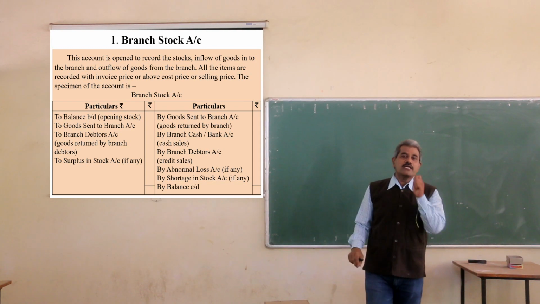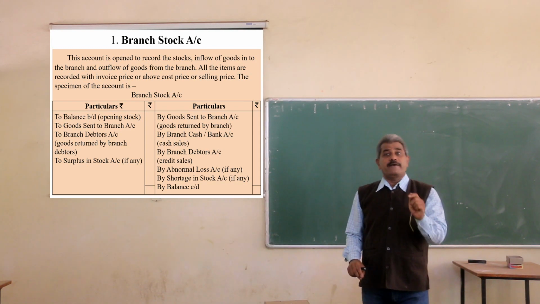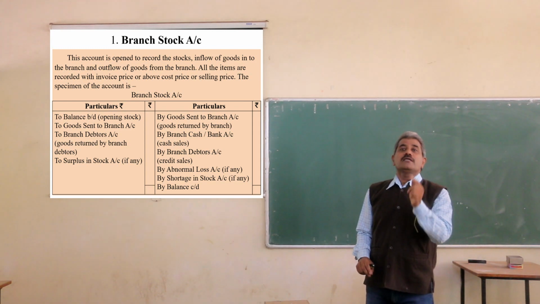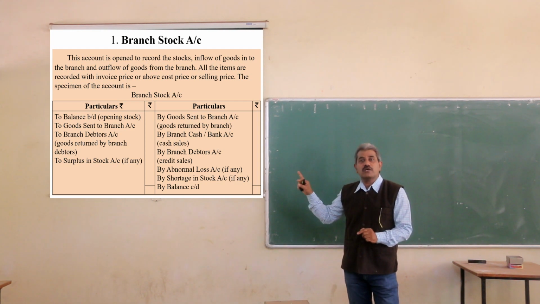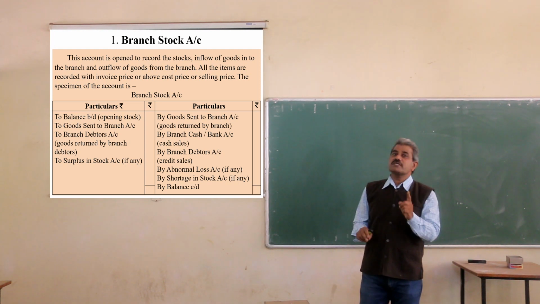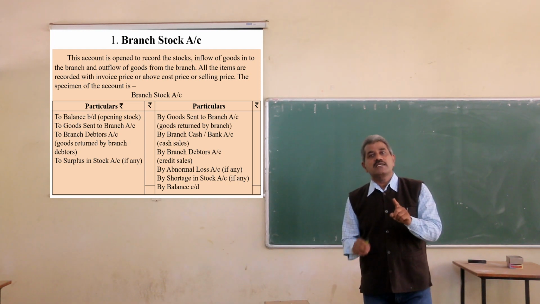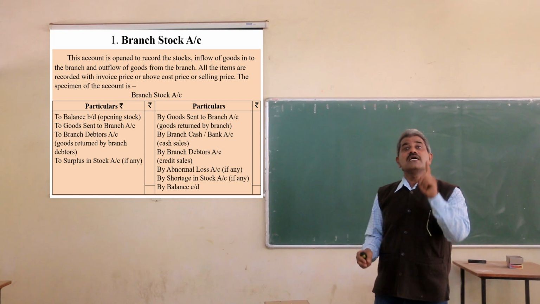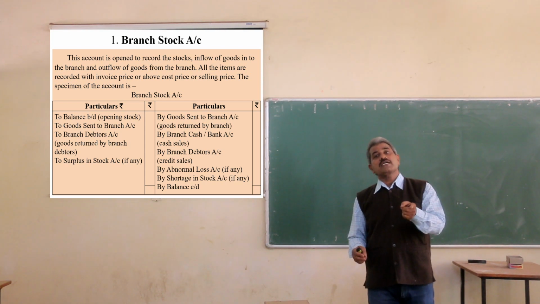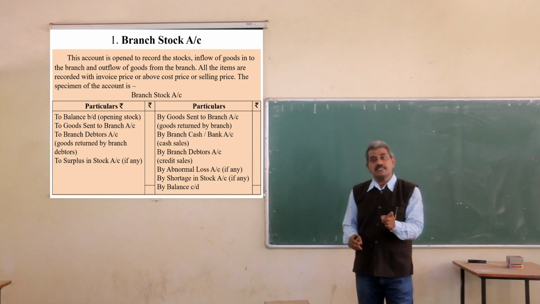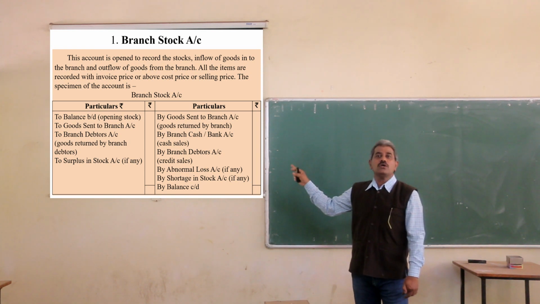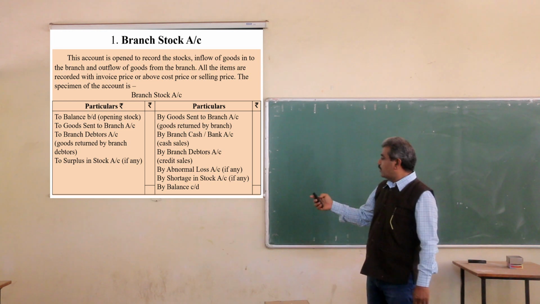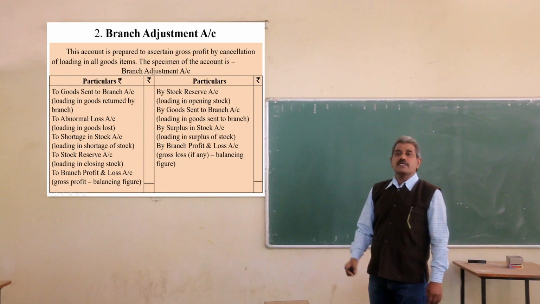Only when the goods are sent at cost price do you record all the goods items at cost price. If the goods are sent at invoice price, then you record at invoice price, even though the goods items are given at cost price. Then we will go for the next.